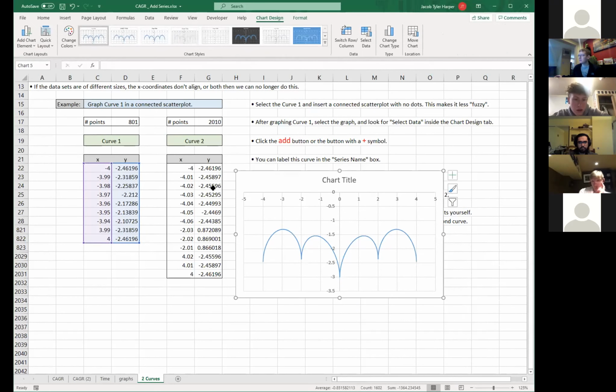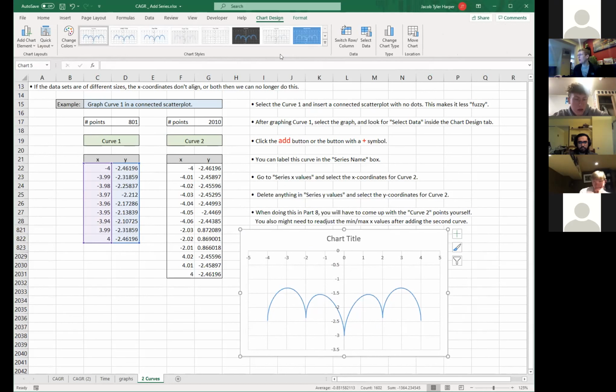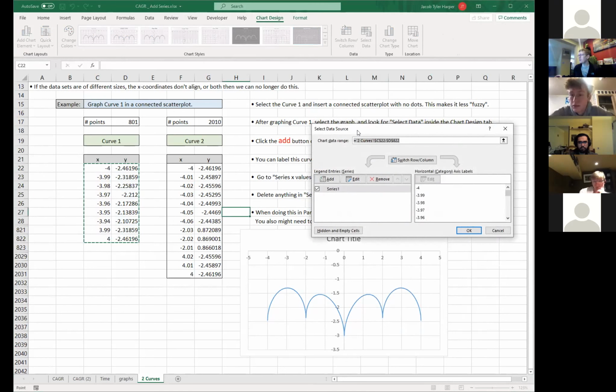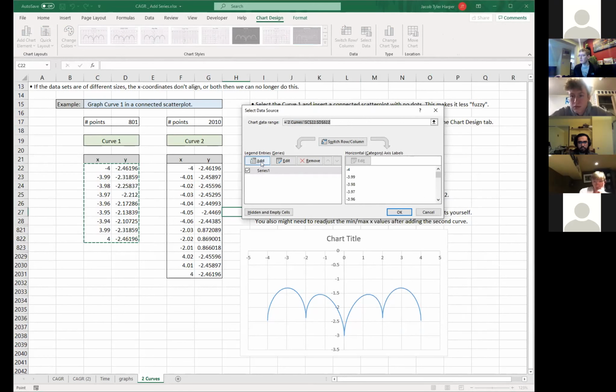How do I add this one next to it? Well, you make sure you're selected in the graph, and up at the top of your screen, you should have a button that says chart design. Then in there should be a button that says select data. And what we can do, we can see our original curve. We can hit this add button here to add a second line. If you're on Mac, it's going to look a little bit different.